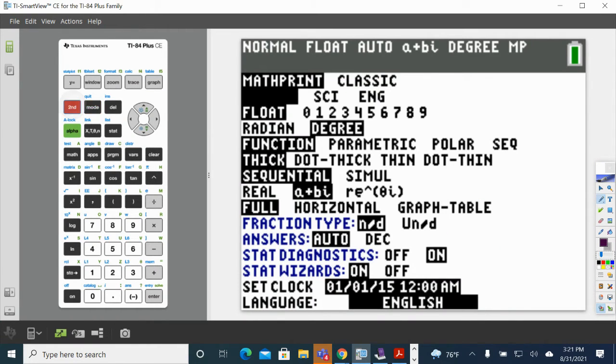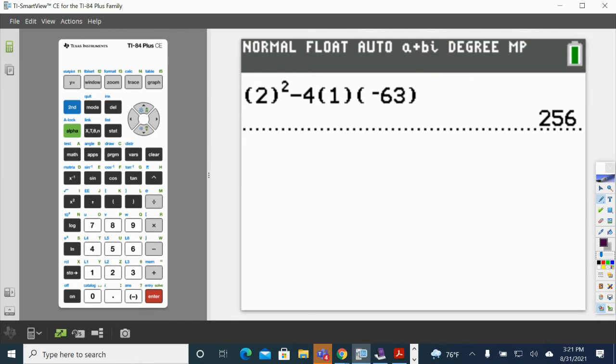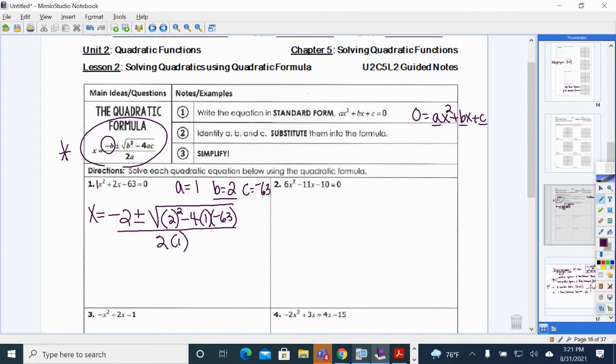I'm going to put in the parentheses 2 squared minus 4 times 1 times negative 63. My discriminant is 256. And I'm just going to put capital D equals 256. So it's positive. Go back to your notes here.